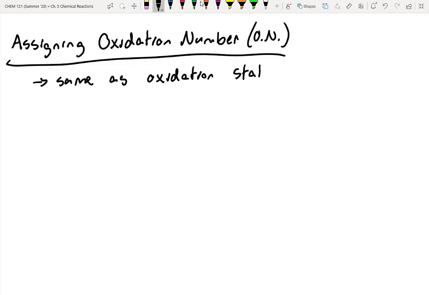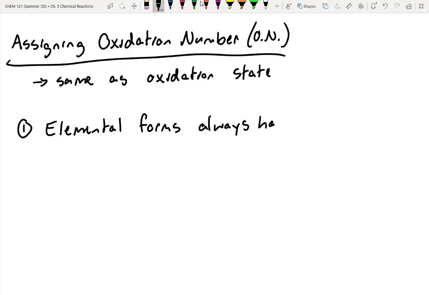All right, the rules for this are really straightforward. I know it can seem a little overwhelming when you're learning them at first, but the more you practice it, the easier it is. So rule number 1 is that elemental forms always have an oxidation number equal to 0.